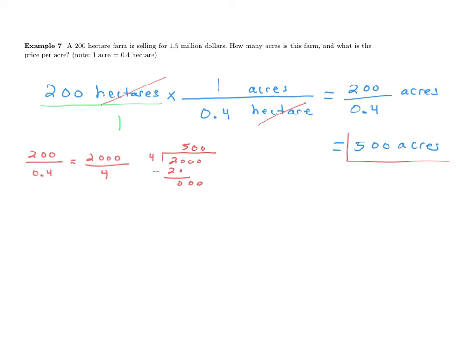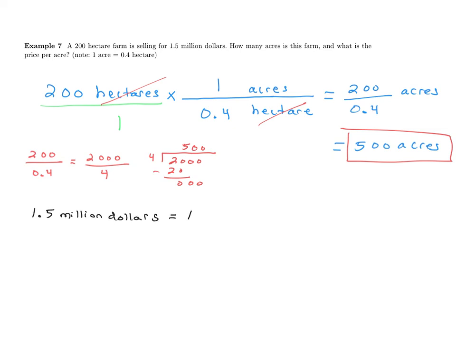All right. Now, the second part of this question is, what is the price per acre? So here's the number of acres, and this is the amount that it is selling for. So $1.5 million. I'm going to write that as, if we have $1.5 million, I like to see it with the decimals.